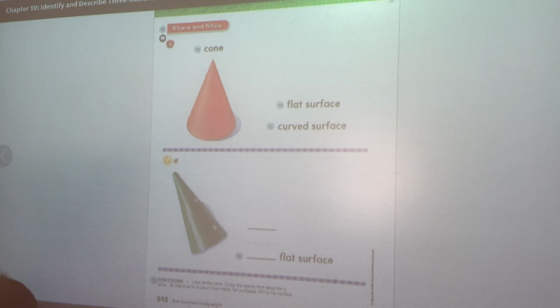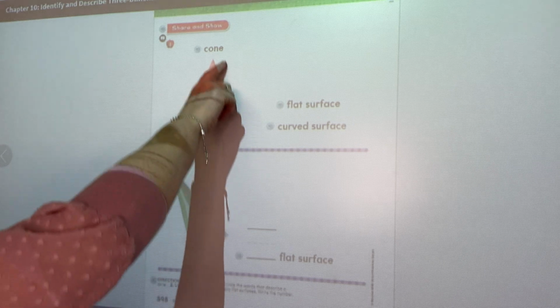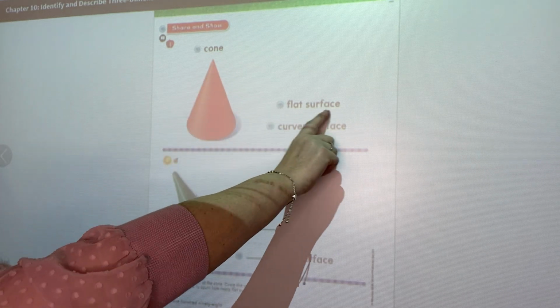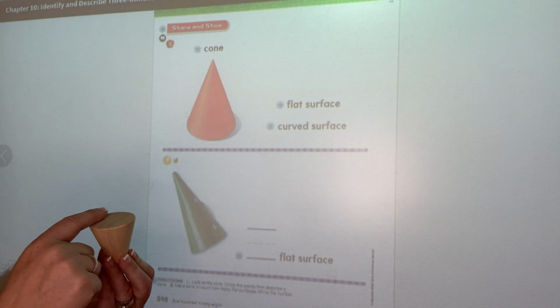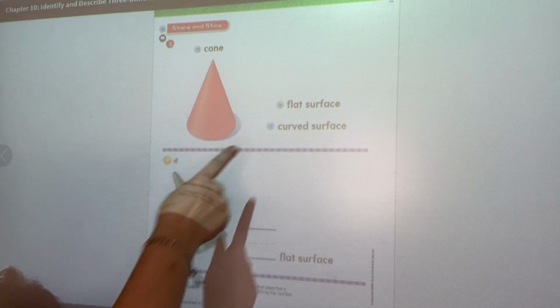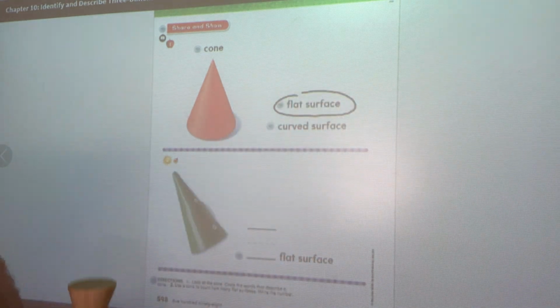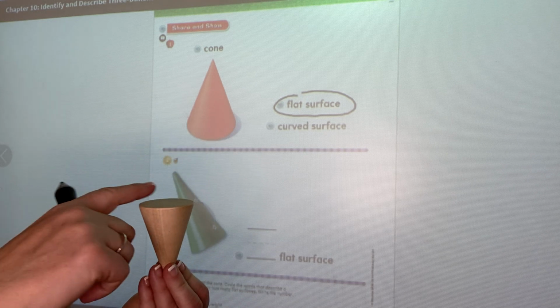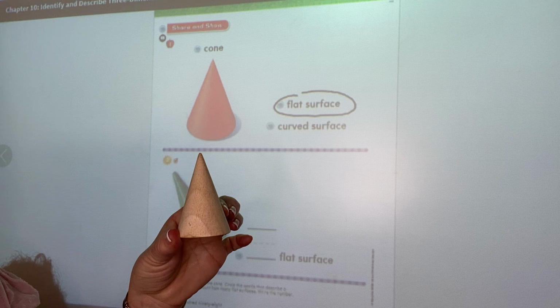And as I said before, we need to describe the cone. If we were going to describe it, does it have a flat surface? Well, it does. It has one flat surface. So it's okay if we want to say that it has a flat surface, and that would be the top or the bottom depending on which way you had the cone facing.